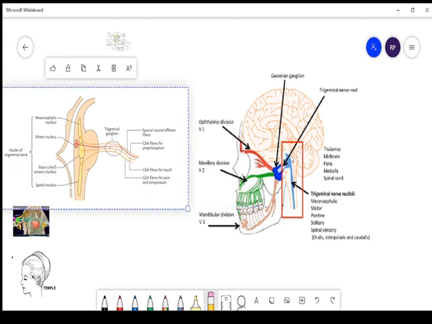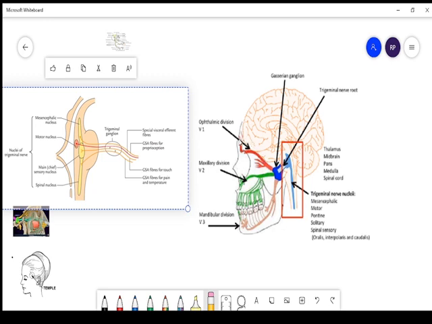This is the brainstem, and you see the sensory and motor fibers come to the trigeminal or Gasserian ganglion, and then the trigeminal nerve divides into three branches.